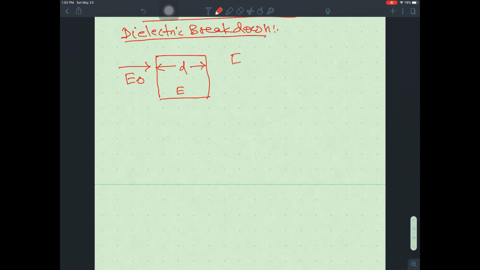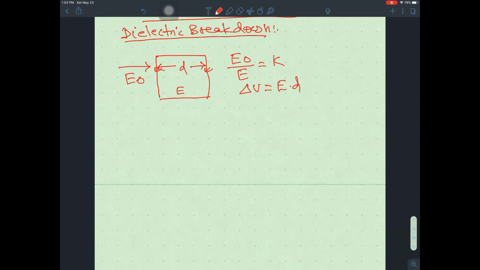then just now we have seen that E0 by E is equal to K, and the potential difference inside the dielectric, delta V, is equal to E into D. This is the reduced amount.